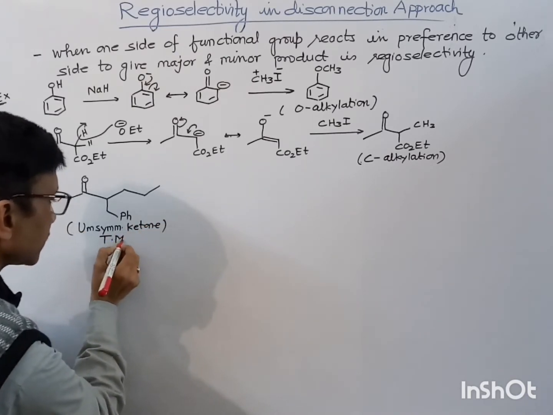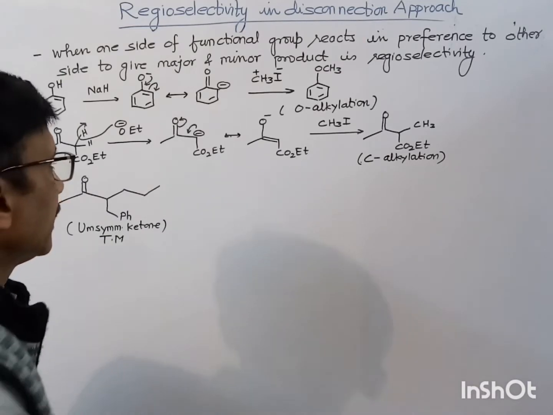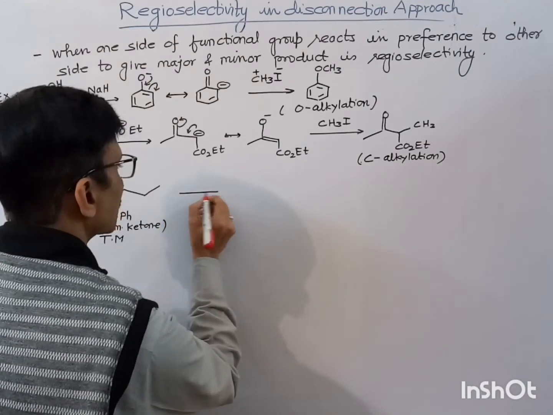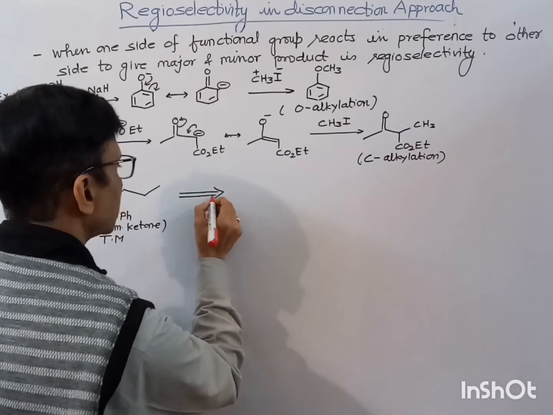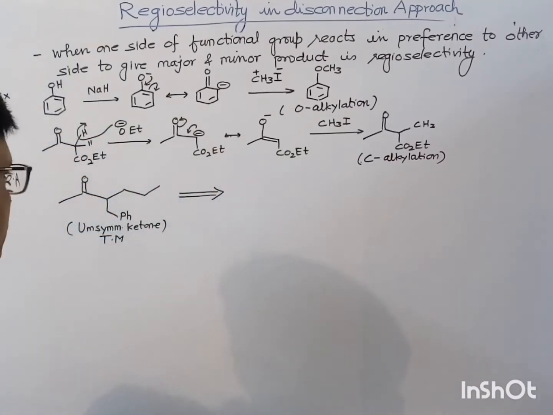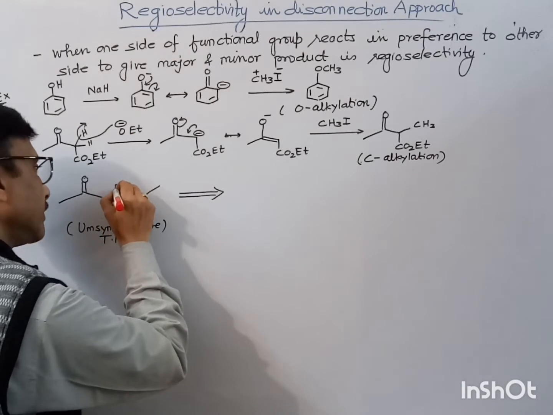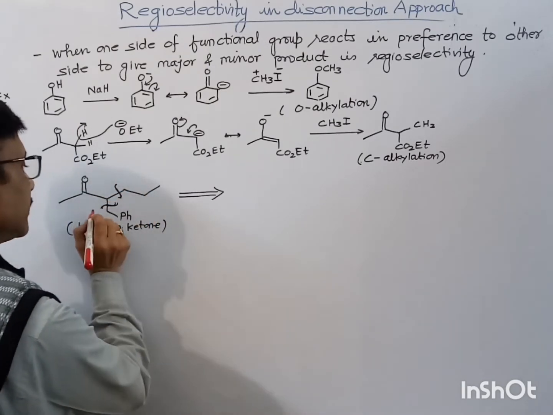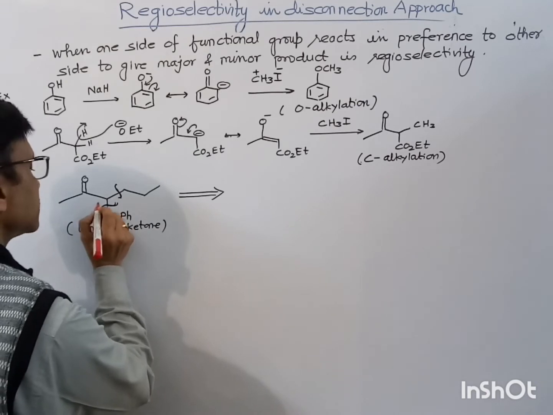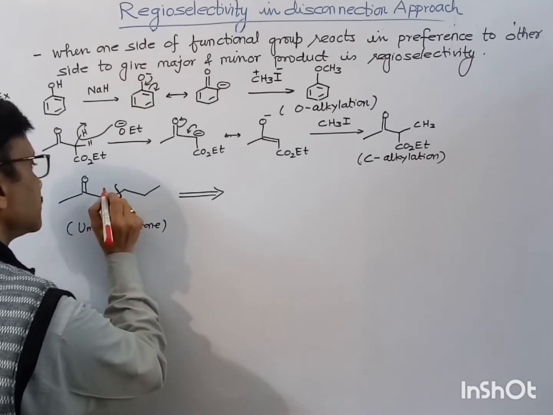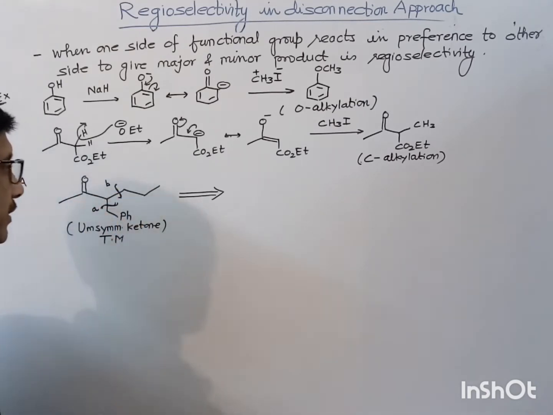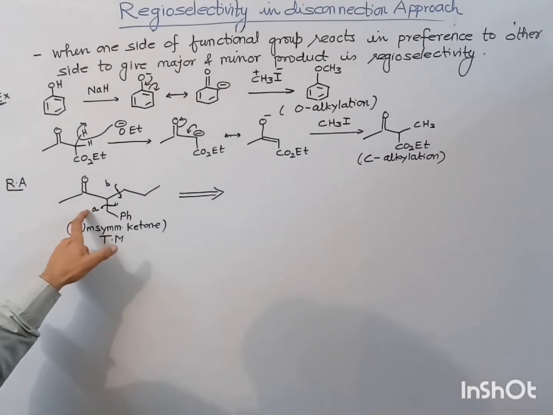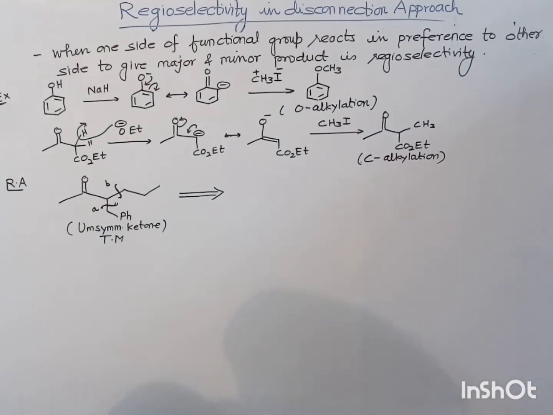If we do the disconnection, it can be done either from here or from here. Suppose this is path A and this is path B. Now which path will be taken first, A or B?